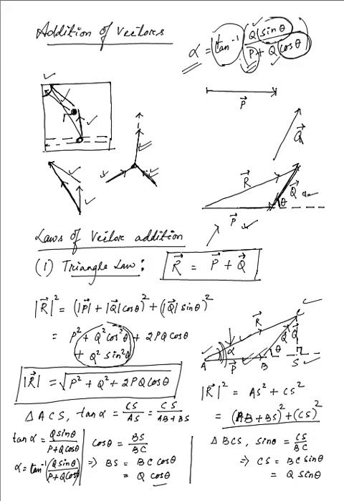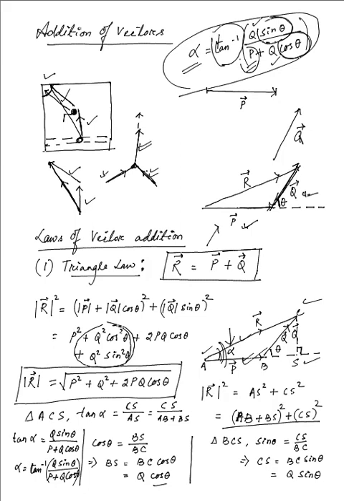But that would have been tan theta, but with this p involved, that is tan alpha. So it's easier to remember that way. That is how I have remembered it. So this is one of the methods of addition of vectors.